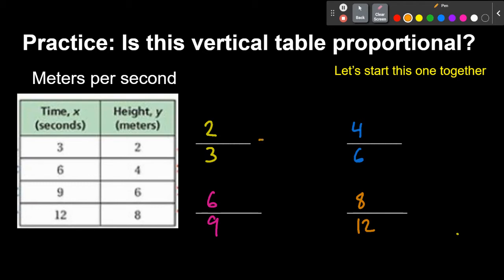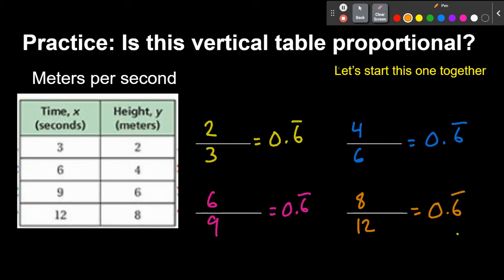If we just do 2 divided by 3, that is 0.6 repeating. 4 divided by 6, that is 0.6 repeating. 6 divided by 9, that is 0.6 repeating. 8 divided by 12, that is 0.6 repeating.